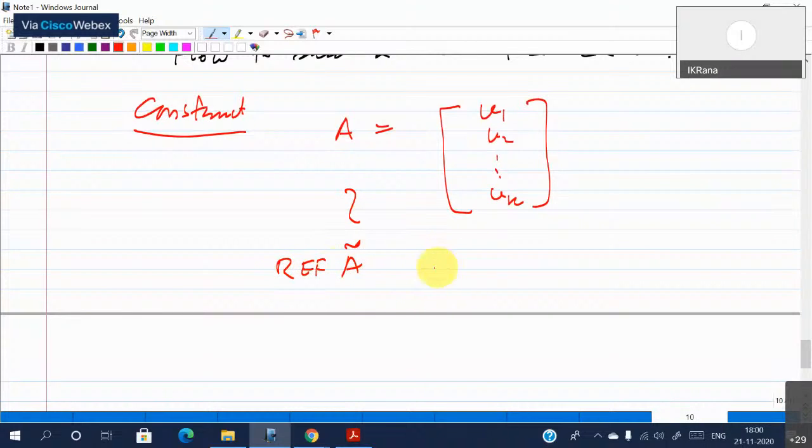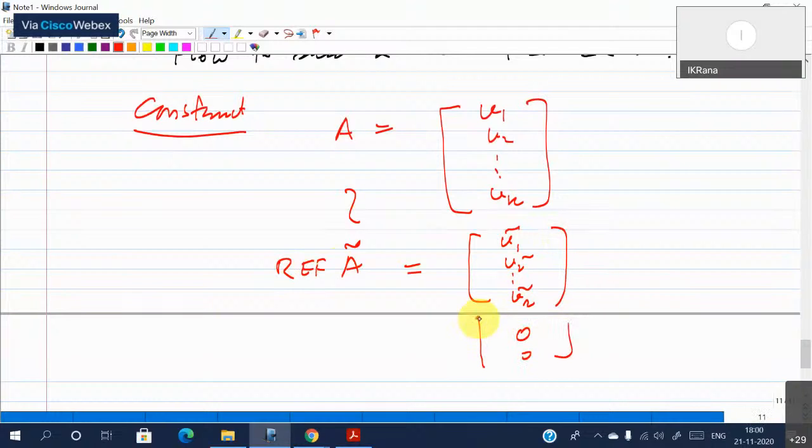So the row equivalent form will look like some V1 tilde, V2 tilde, up to some VR tilde, and the remaining will be all 0. That is the row equivalent form of A.